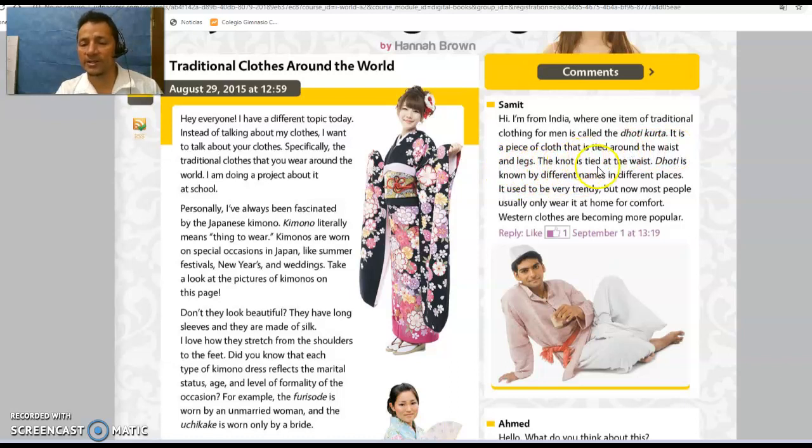The knot is tied at the waist, and the dhoti is known by different names in different places. It used to be very trendy, but now most people usually only wear it at home for comfort. Western clothes are becoming more popular.